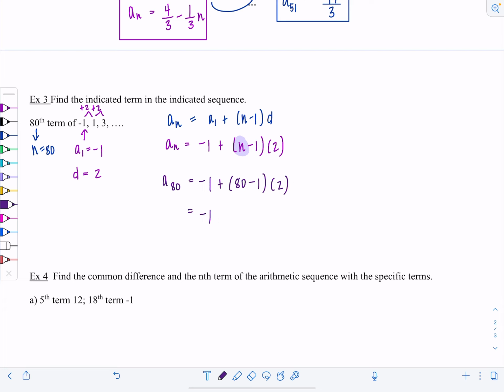And this is going to give us -1 plus 79 times 2. So 79 times 2, that's 158. We have -1 plus 158. So that means the 80th term is 157.